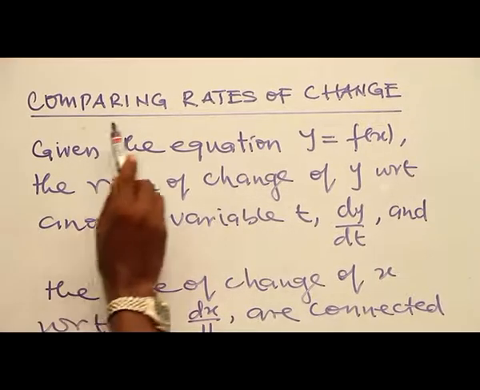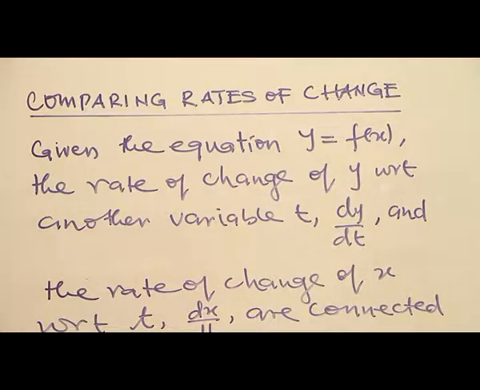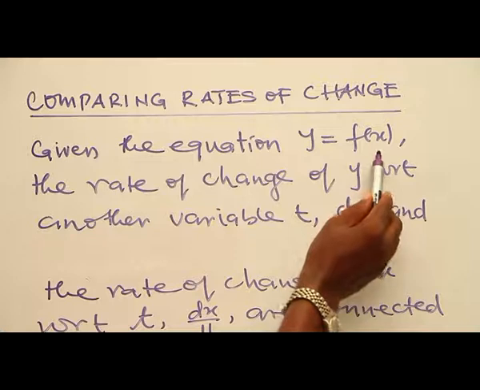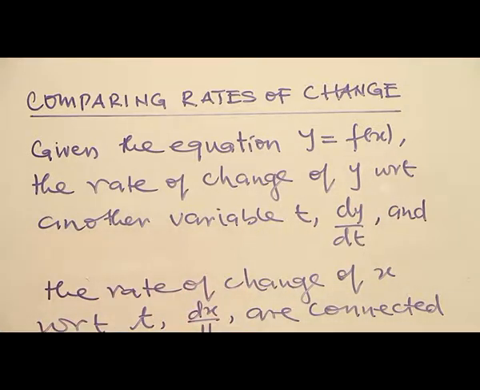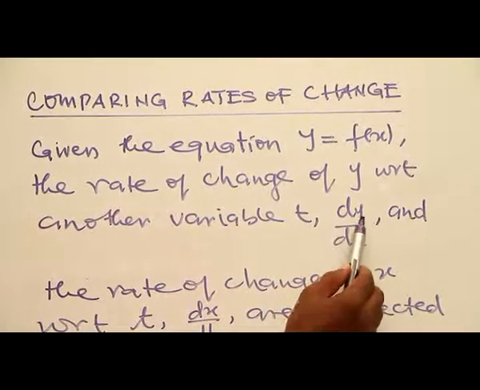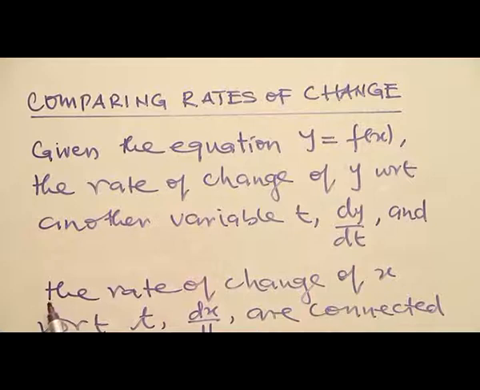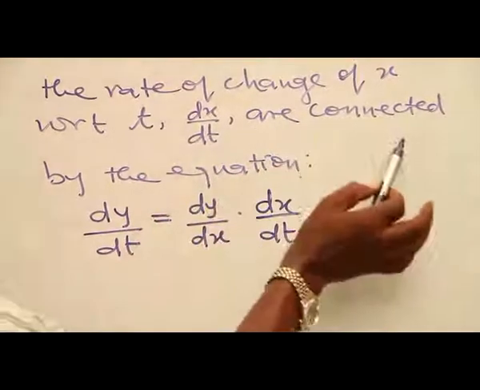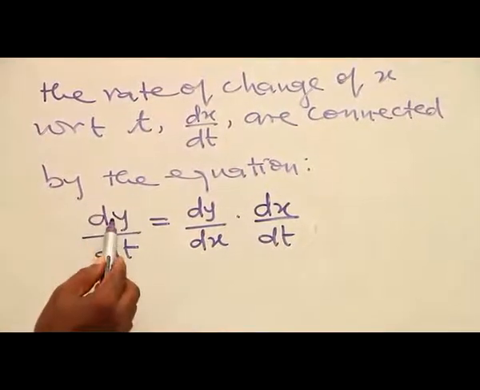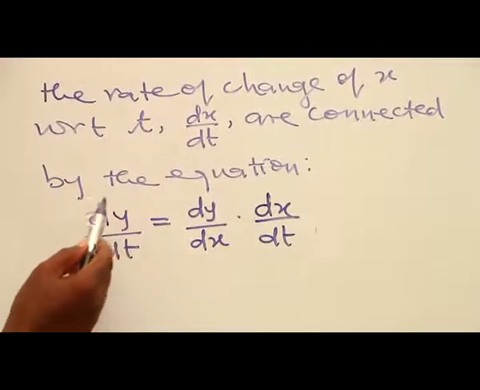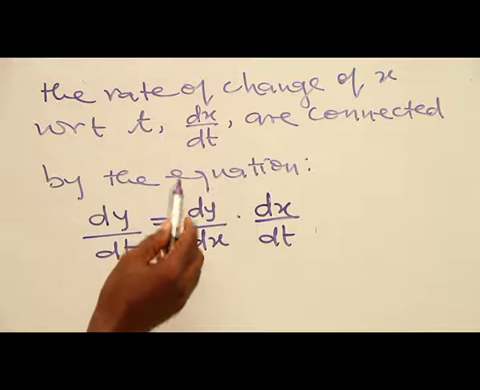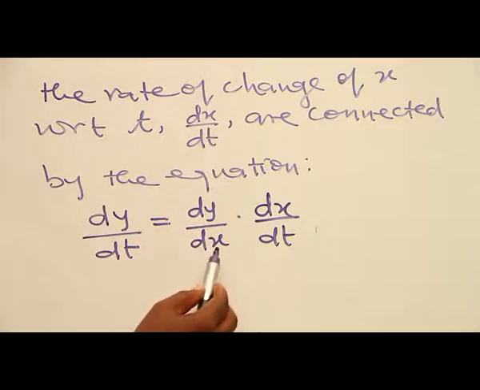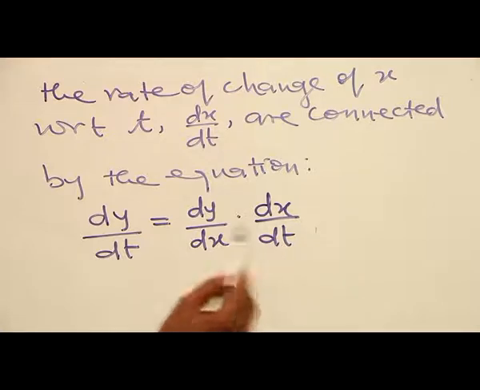Now let us look at comparing rates of change. Given the equation y equal to f of s, the rate of change of y with respect to another variable t, which is defined as dy over dt, and the rate of change of s with respect to t, ds over dt, are connected by the equation dy over dt equal to dy over ds times ds all over dt.